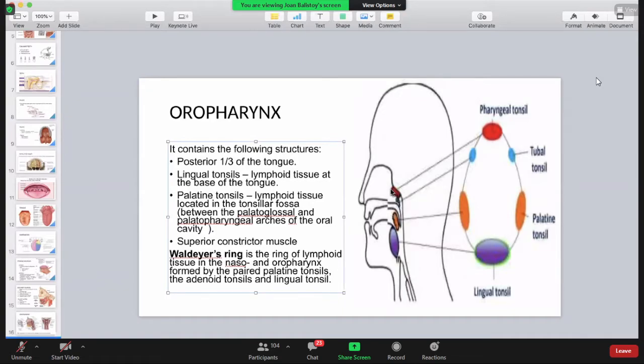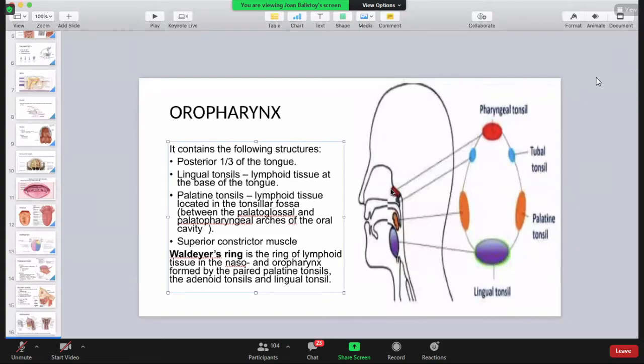It is a location which usually gets infected often. I don't know how many of you have had tonsillitis in the past. These are the locations of those tonsillitis. And some of us are very prone to have it. Some have tonsillitis 3 to 4 times a year.